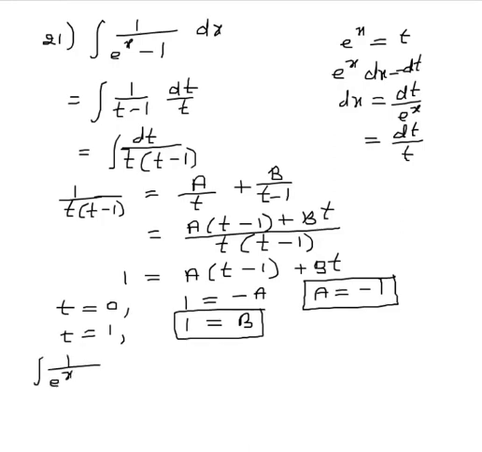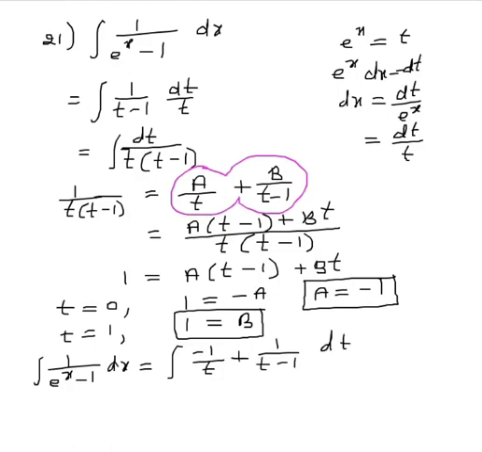Therefore, the given integral becomes, we have to write it in this form, integral minus 1 by t and plus 1 by t minus 1 dt, minus log absolute value of t plus log absolute value of t minus 1. See, here we are getting two log terms which should be combined as log of a by b.